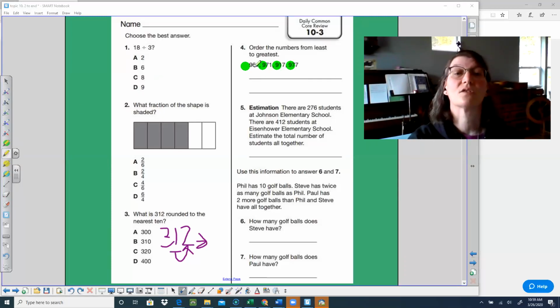I'm just going to use my cursor, otherwise the mouse shakes. So as we look at what's in the tens place, we have a 6, a 7, a 1, and a 7. We are going from least to greatest.